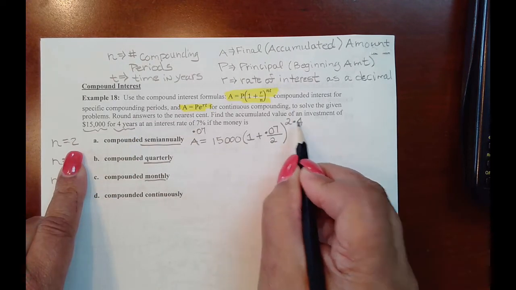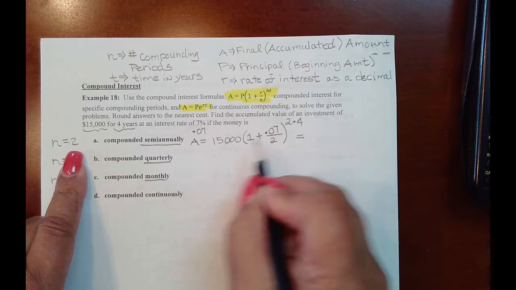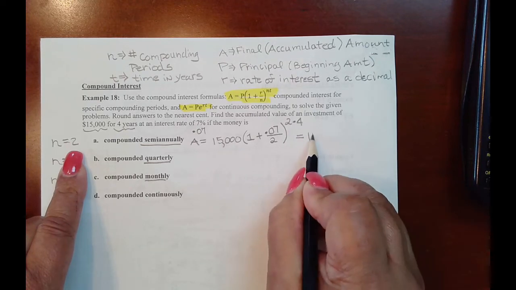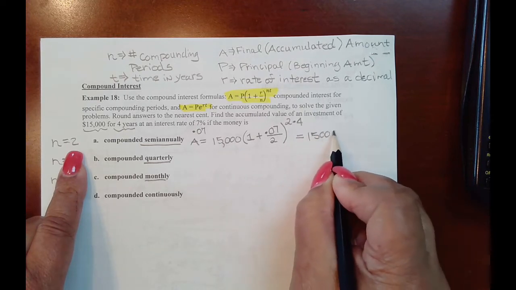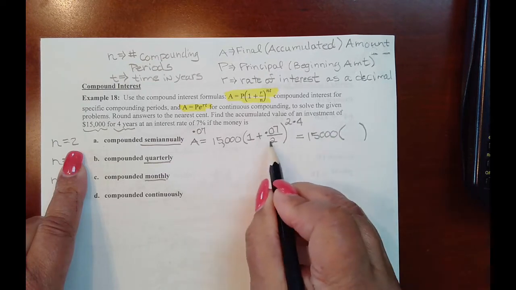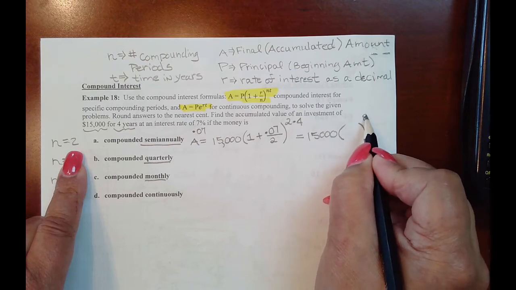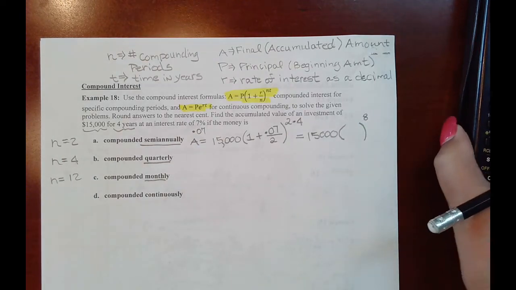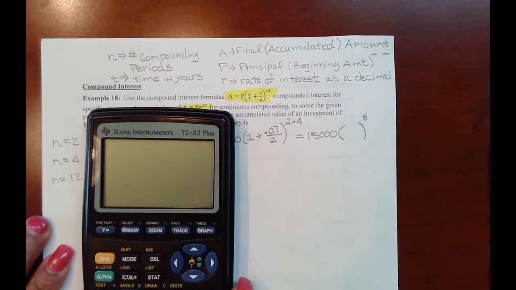I would clean this up a little bit before plugging it in the calculator. So you would just have 15,000. Let's get one single number for this, and of course you can simplify that power very easily. You want to clean it up a bit before you put it in the calculator.